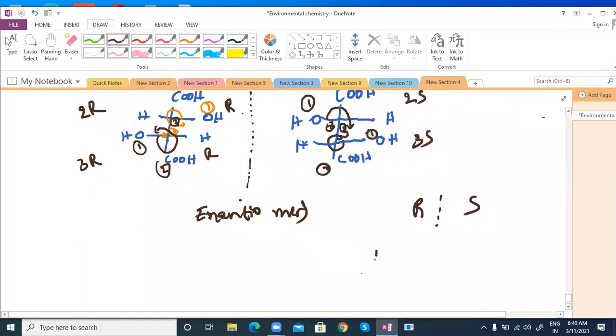Suppose here I wrote R, R. What is the mirror image you are getting, sir? Not 2R, 3R, that mirror image should be 2S, 3S. Got it? So enantiomers become opposite when you take mirror images. R becomes S, S becomes R.